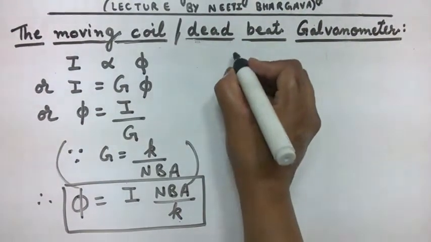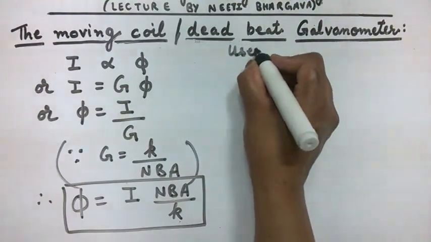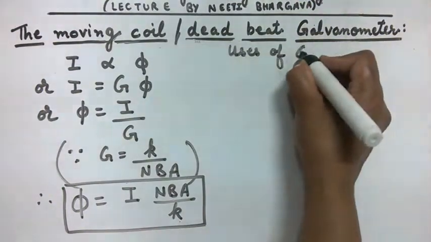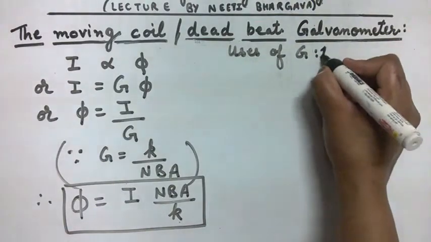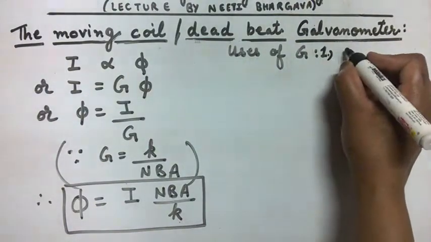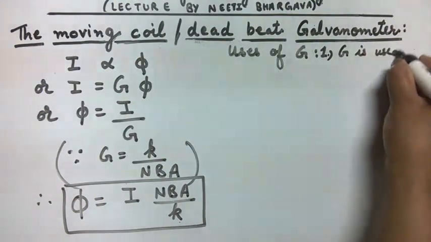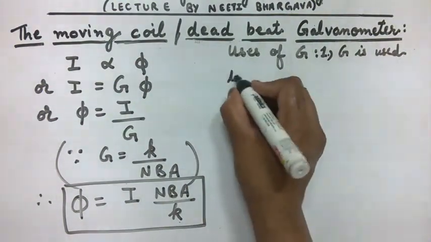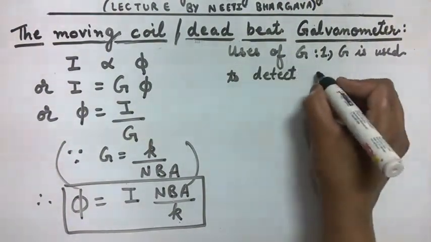Now let's study the uses of galvanometer. First, we have studied that G is used to detect weak current or measure current.